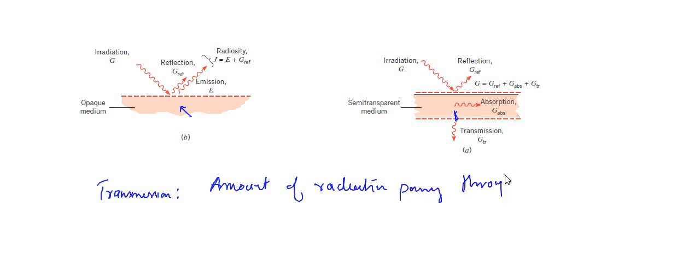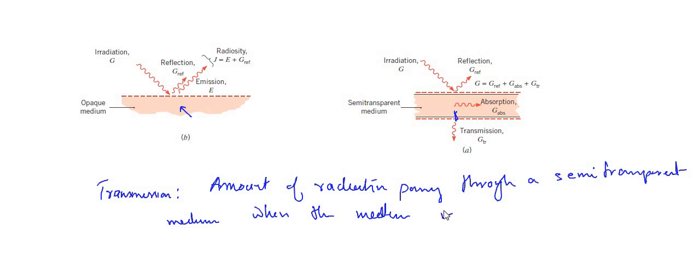First, if you look at transmission: transmission is the amount of radiation passing through a semi-transparent medium when the medium is irradiated.